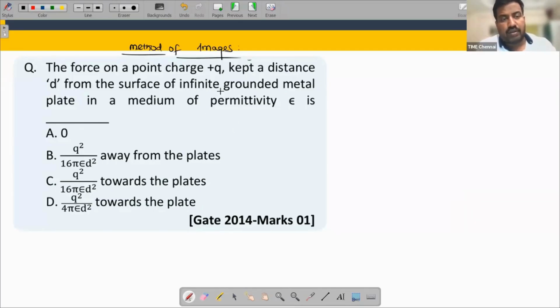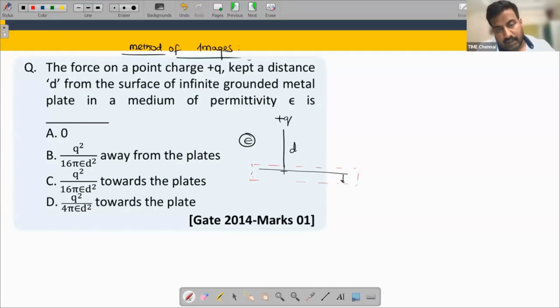So, what's the question here? The force on a point charge plus Q kept at a distance D from an infinite grounded metal plate in a medium with permittivity epsilon is, again, you have only one charge separated by distance D from a conducting grounded plate.